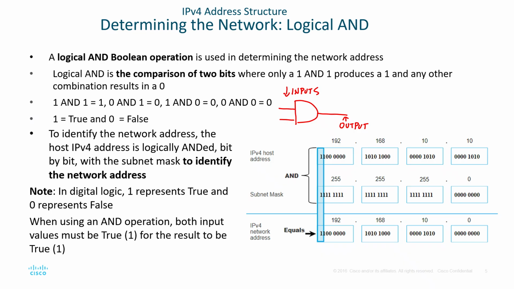As an example, if I have a 1 and a 1, my output is going to be a 1. It is that simple. If I have a 1 and a 0, my output is a 0. If I have a 0 and a 0, my output is a 0. So the only time I can get a 1 as my result is a 1 and a 1.